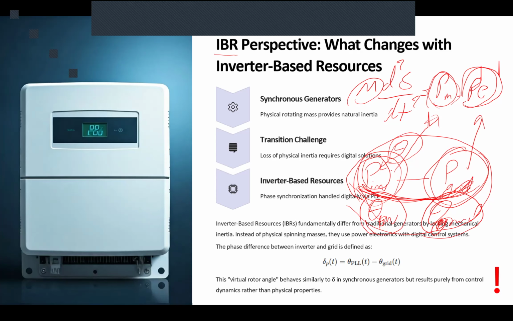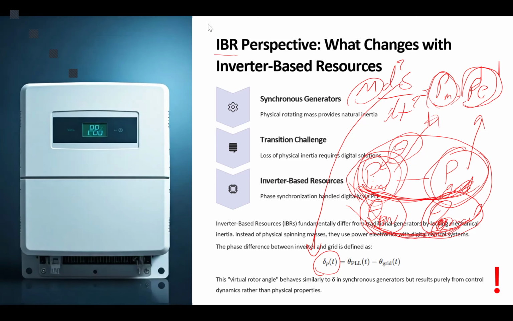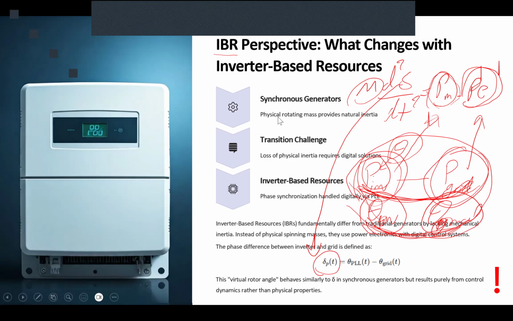Now, we can define the difference between these two thetas as our delta, and say the same swings or variation that the rotor angle had in a synchronous generator, we now see if we have a variation in power between the inverter's power and the grid power.